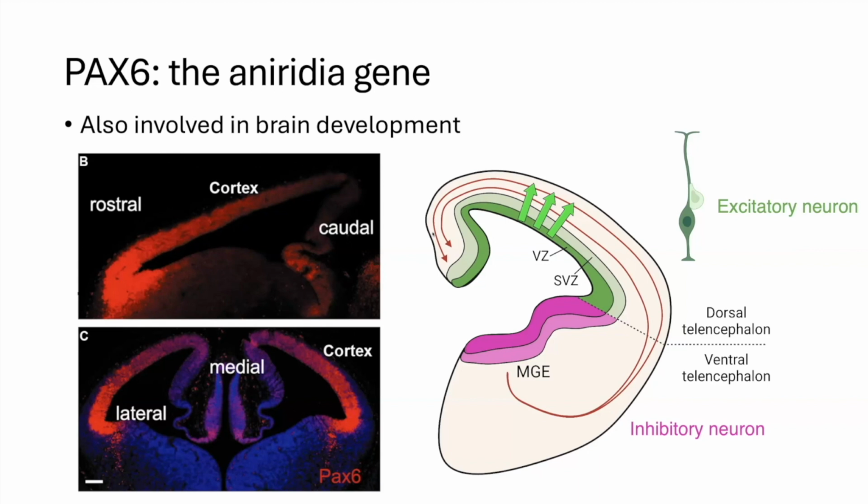PAX6 is not expressed in the ganglionic eminence, the bottom bulge I've colored in pink, which gives rise to inhibitory neurons. These inhibitory neurons are born in a different region of the brain, but they need to migrate tangentially up into the cerebral cortex to form cortical circuits.